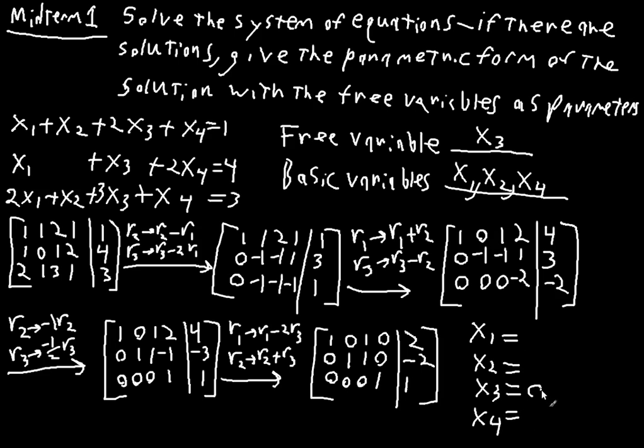Our free variable is x3, so we set that equal to a parameter. And now we can go ahead and look at x4. This guy is just equal to 1.